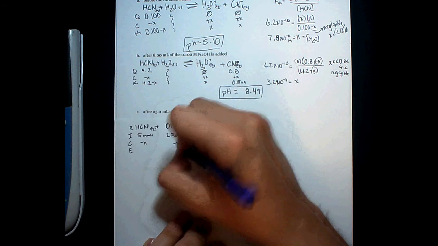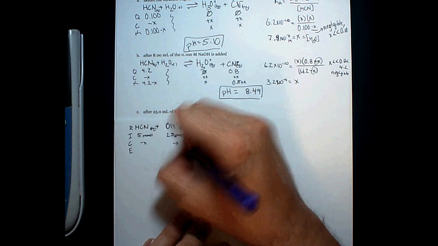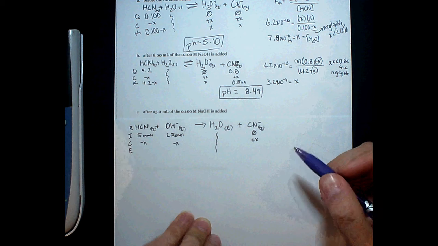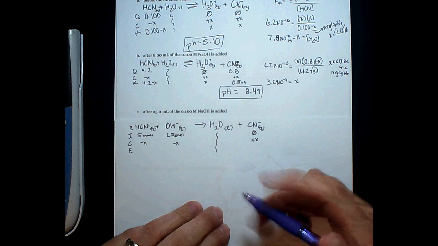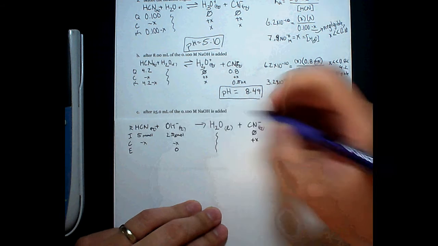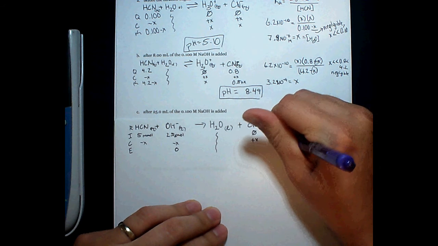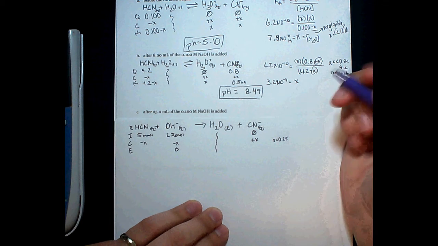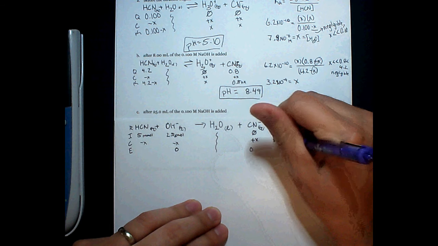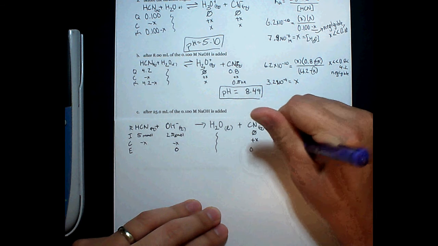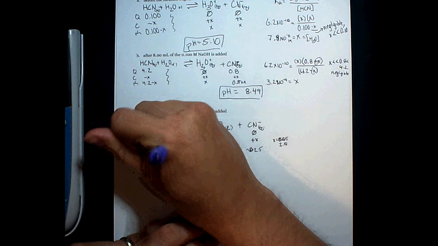Minus x, plus x. So the OH minus is still going to be the limiting reactant. If it's the limiting reactant, we're going to have 0 of it at the end, which means that x for this is 2.5. Plug 2.5 in for x, so this is 2.5, and this is also 2.5.